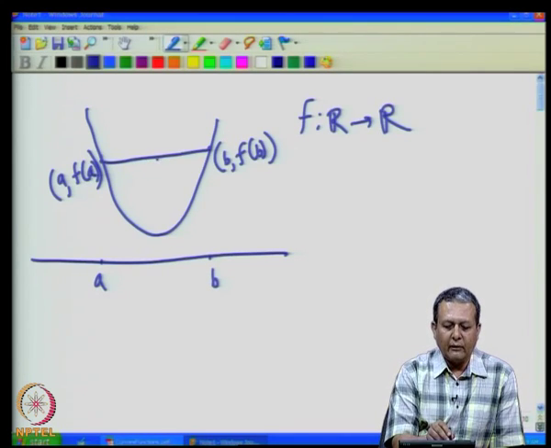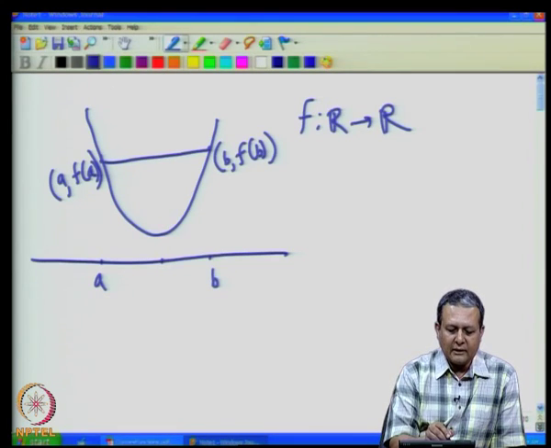So, for every point we will get an x coordinate and a y coordinate. Now, the y coordinate of any point on this line segment always has a value greater than or equal to the value of the function at that point.